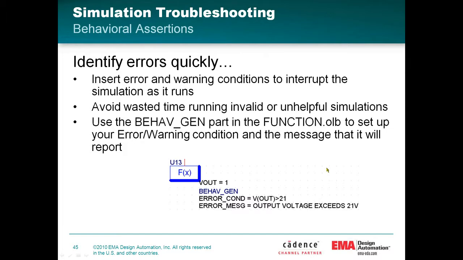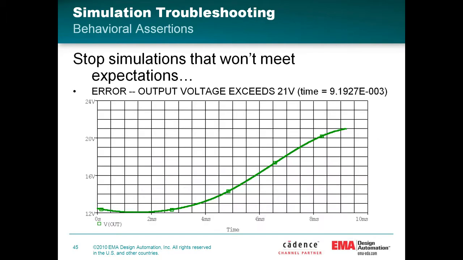These kinds of controls give you the ability to control when you exceed a certain parameter in your design. You know the simulation's gone awry, and you can stop that. And this is a charted example of this particular design. It will run up to a 21 volt point, hit that and stop, and then give you this error printout.